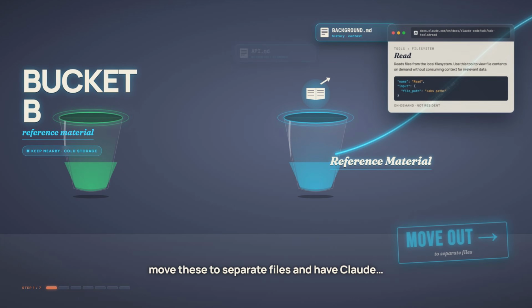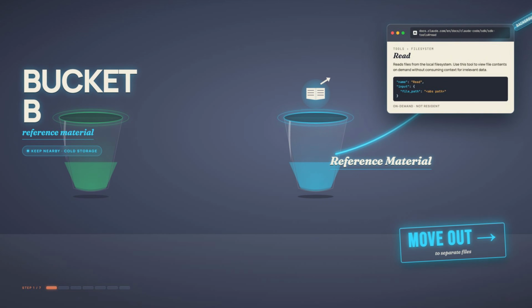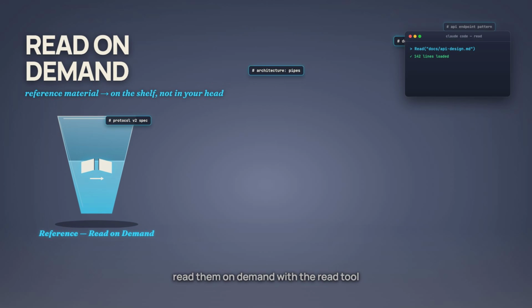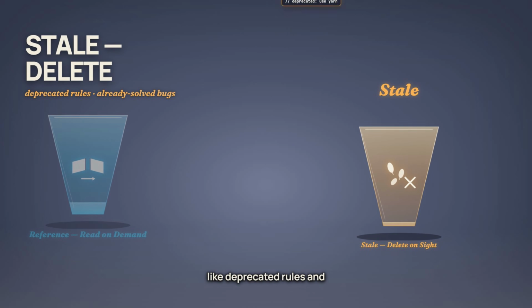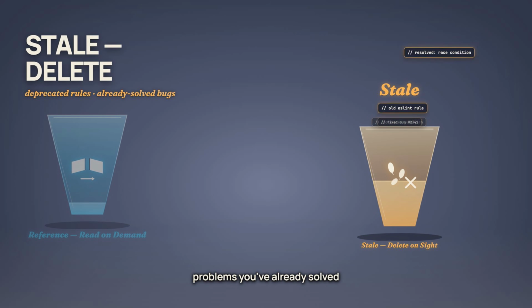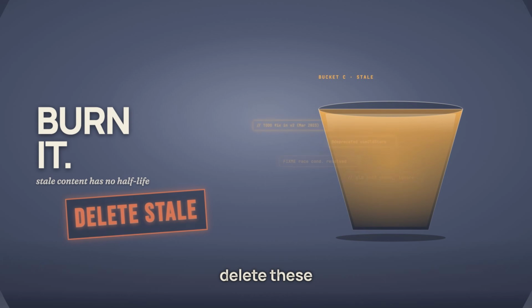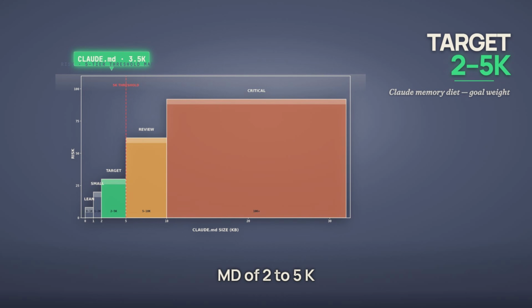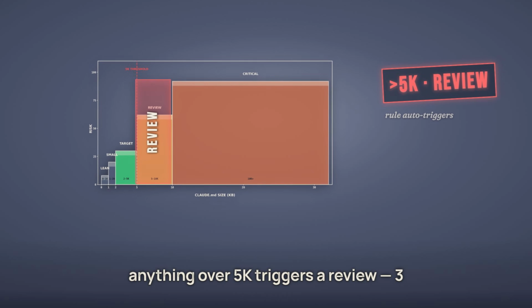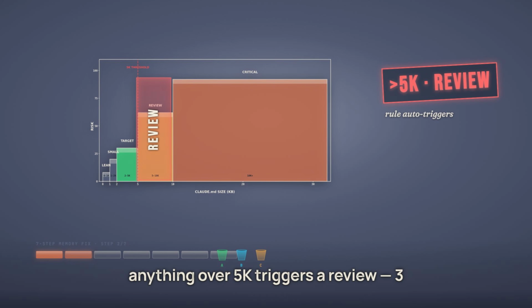Move these to separate files and have Claude read them on demand with the read tool. Don't keep them resident. Stale content, like deprecated rules and problems you've already solved. Delete these. Target a Claude.md of 2 to 5K. Anything over 5K triggers a review.